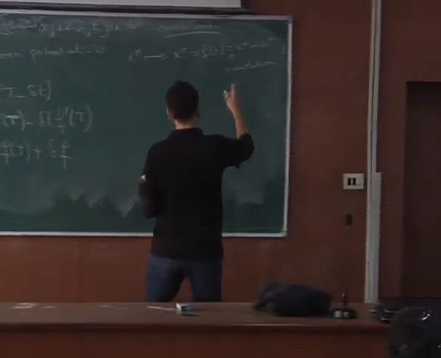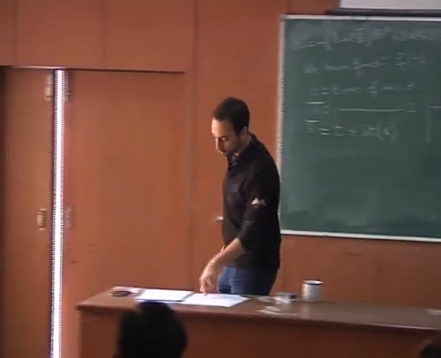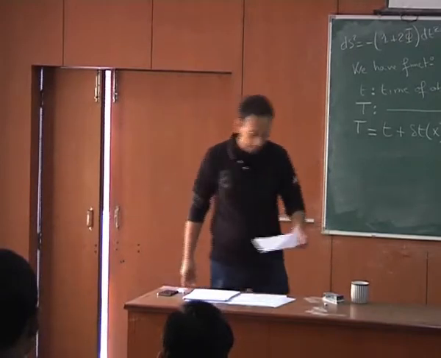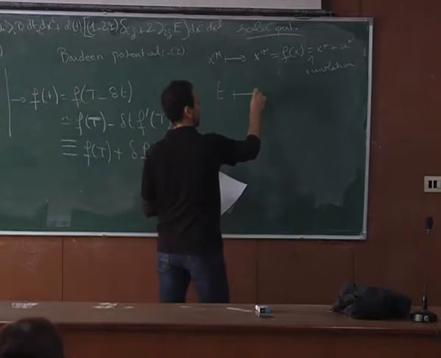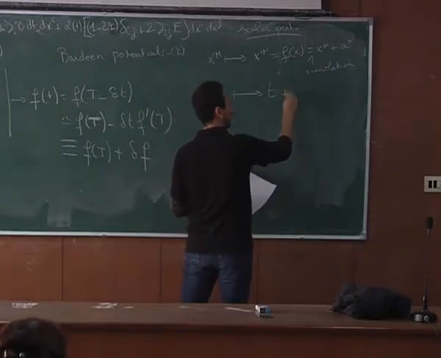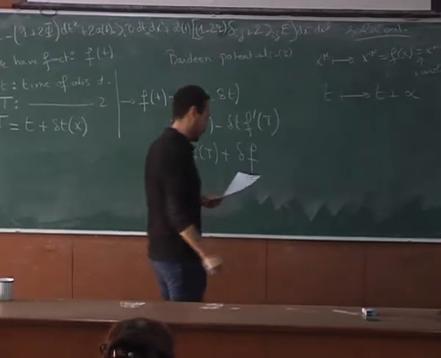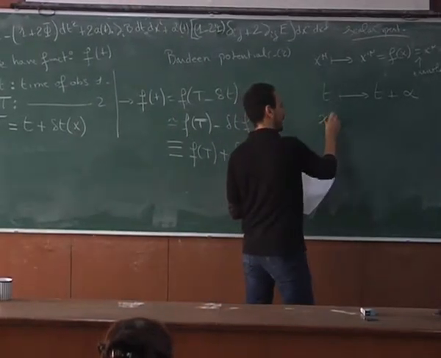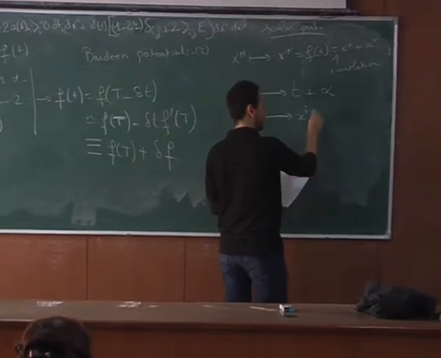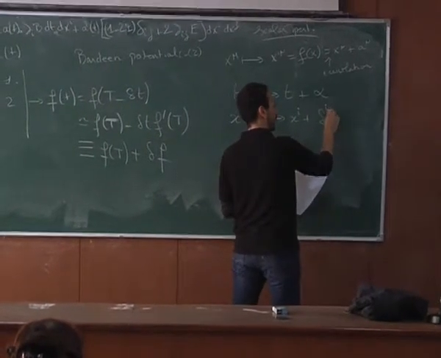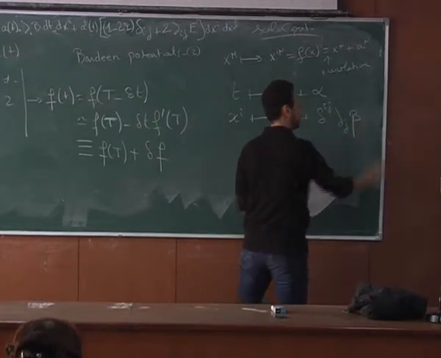So I'm just going to look at scalar changes of coordinates, which means I can change the time by some scalar alpha, and I can change the coordinate x^i to x^i plus delta^ij partial_j of beta.